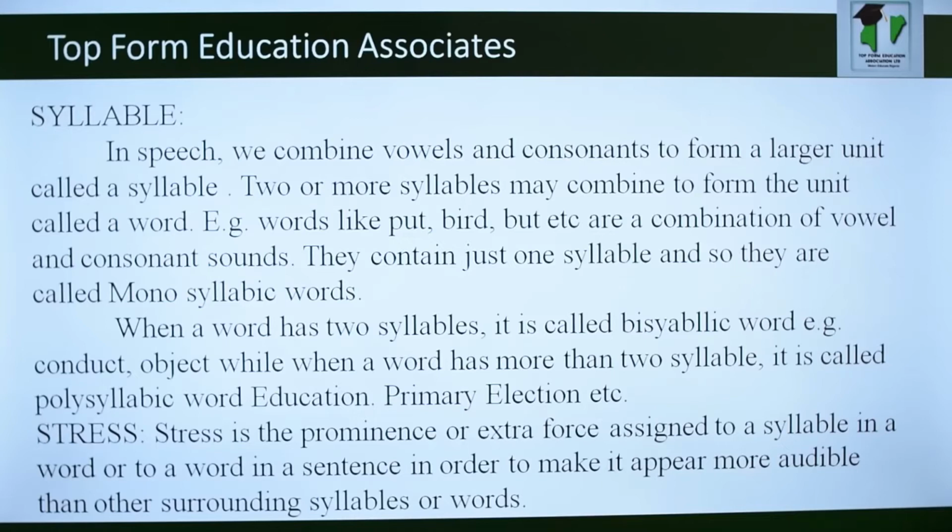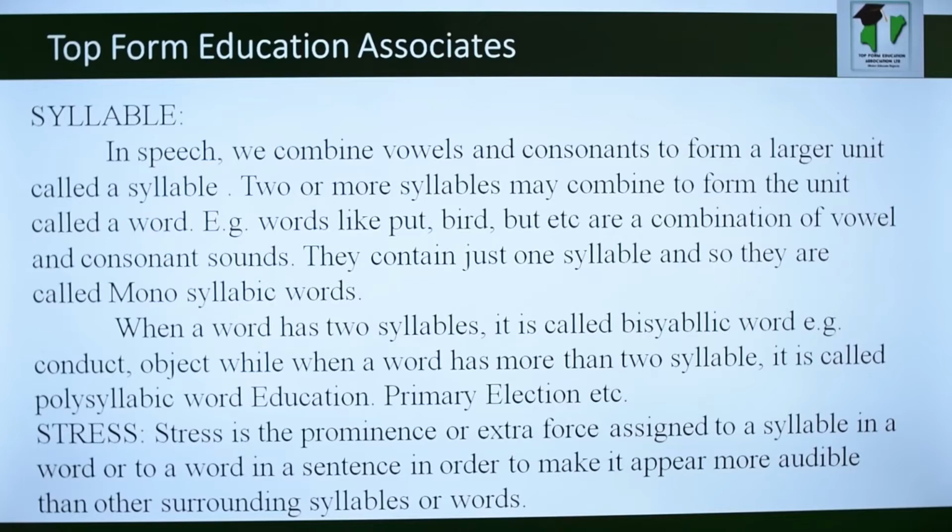When a word has 2 syllables, it is called what? Bisyllabic. Remember, this is a revision class. We learned this last term. When we have 2 syllables, that is called bisyllabic. When we have 1 syllable, it is called monosyllabic.